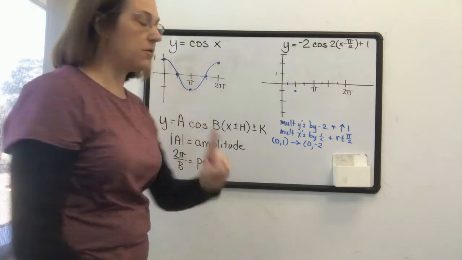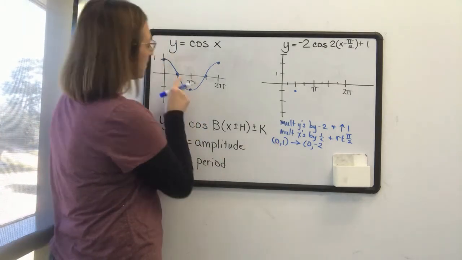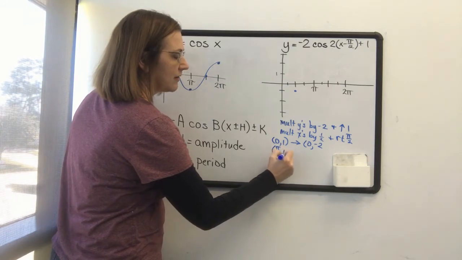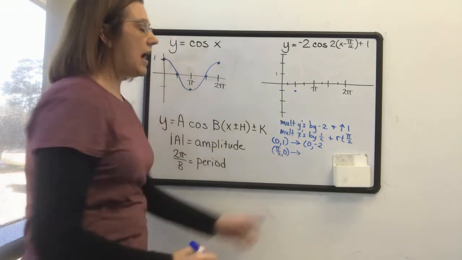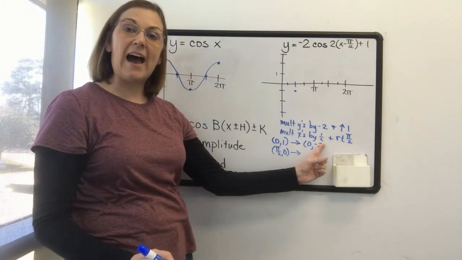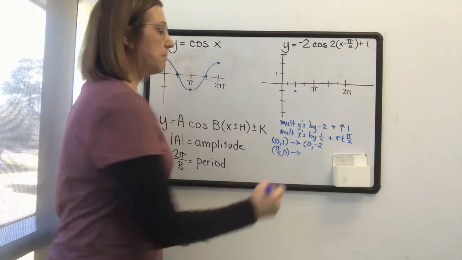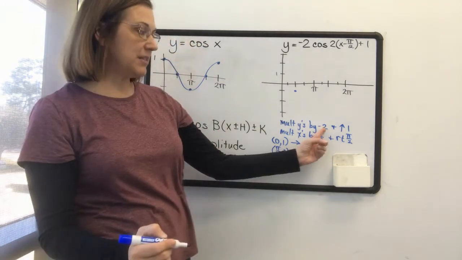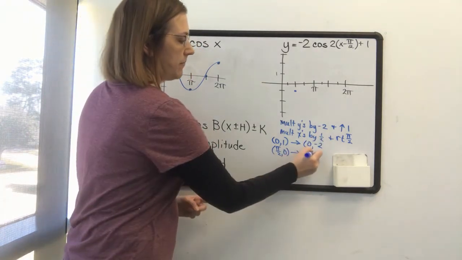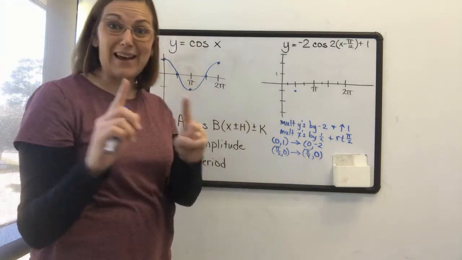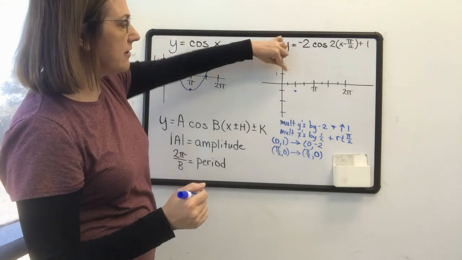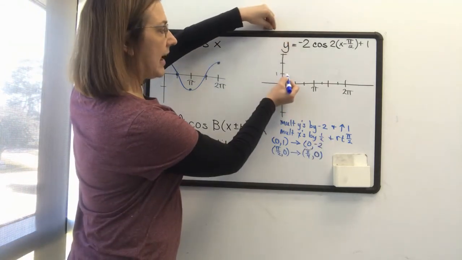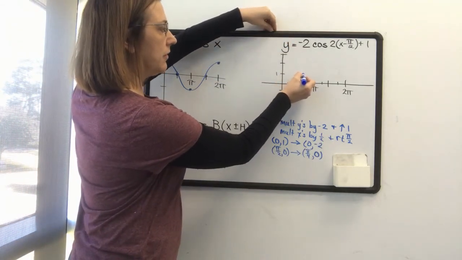Let me do it again so you can see it. I'm going to take my next point, which is (pi over 2, 0). I'm going to multiply the x's by 1/2, which is pi over 4, and my y's by -2, which is 0. Plot that. That's 1/4 of a pi, so that's right here. Then I'm going up 1 and right pi over 2.